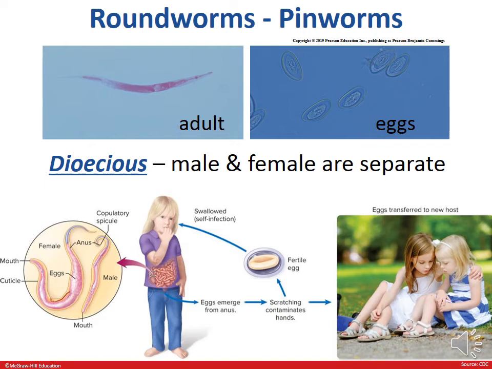They scratch, and then they don't wash their hands, and they end up ingesting the eggs, and they spread quite readily. The eggs can actually get in the bedding. They can get in the carpets and all kinds of places, so it becomes really difficult to sometimes treat pinworm infections because they're sort of a vicious cycle.